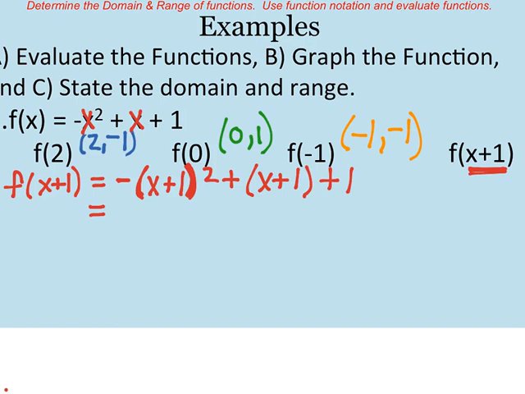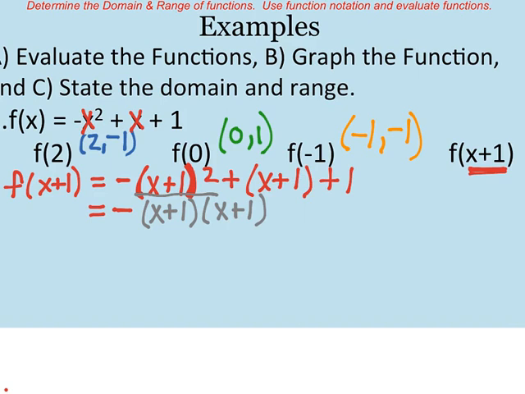I'm going to expand that piece right here, and I'm going to rewrite it in a way that we can actually use it. So instead of keeping that squared, I'm going to rewrite x plus 1 squared as x plus 1 times itself, times x plus 1.